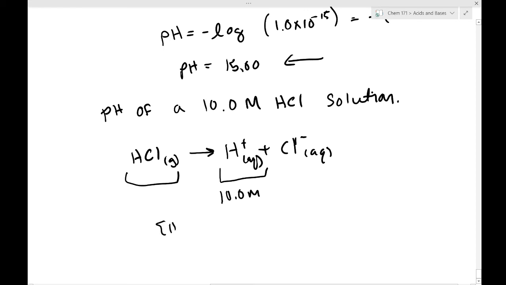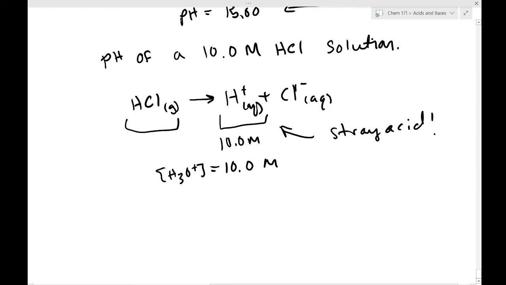So our H3O plus concentration is equal to 10.0 molar. And again, this is because this is a strong acid. Okay, strong acid, so we have the same concentration. And we don't have to do any weird monkey business here.